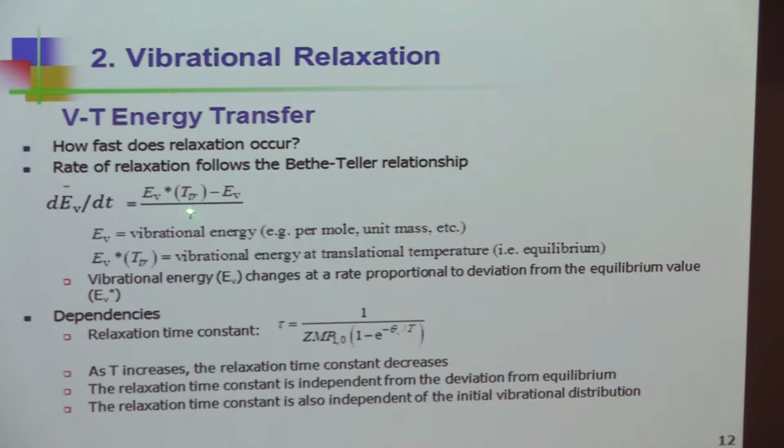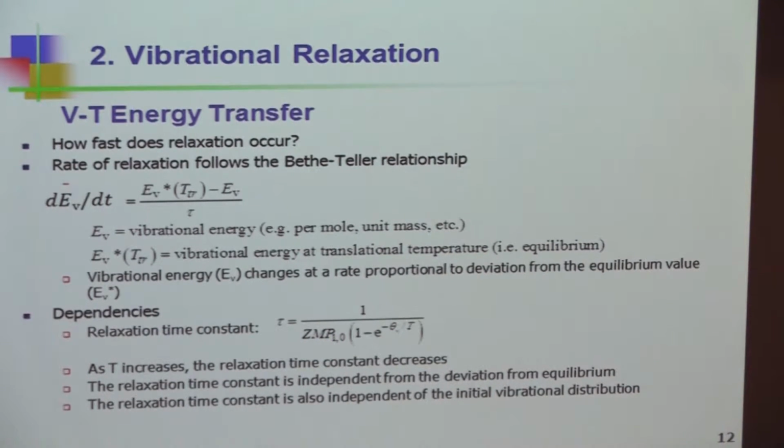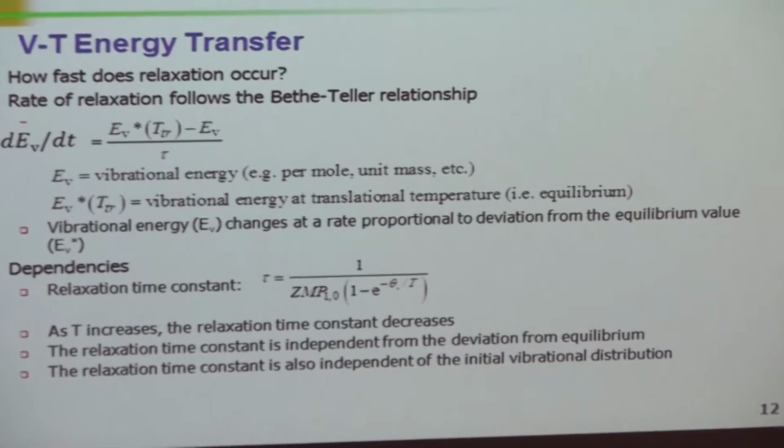This characteristic time was found by Bethe or Teller to be of this form, where the time is 1 over ZMP. Forget this term. Z is the collision frequency per unit density. M is the density of colliders. So this is really a collision frequency times the probability of a molecule going from V equals 1 to V equals 0 in that collision at that temperature.